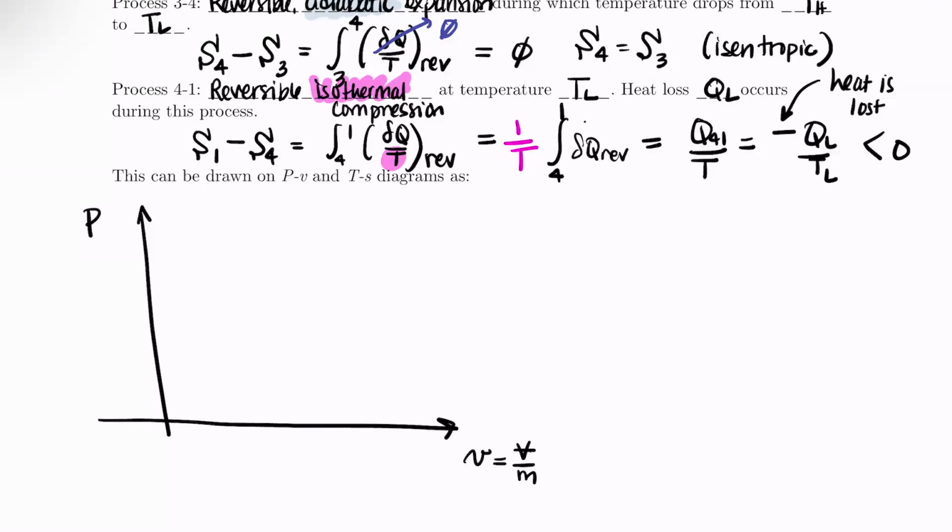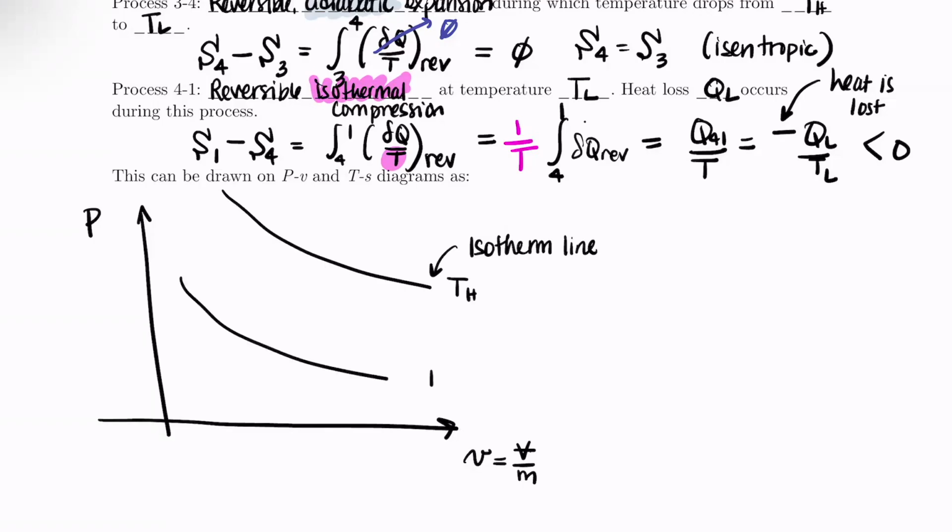We're going to have 2 lines on here because we have 2 different temperatures that our cycle operates between. So we will have a curve for TH, this is our isotherm line, and then we'll have another curve for TL.